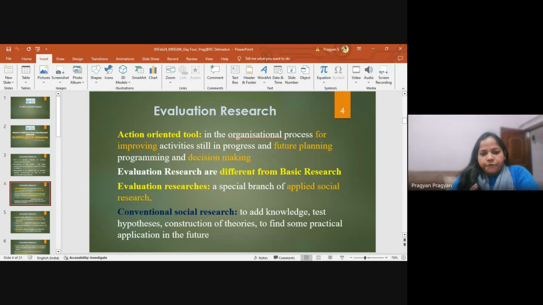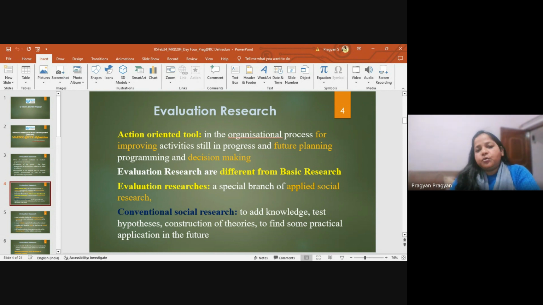So first of all, we try to understand how we can improve the planning process, the implementation process, the training process, the infrastructural process of a particular development program, and how we can enhance the impact and the outcome of that program.